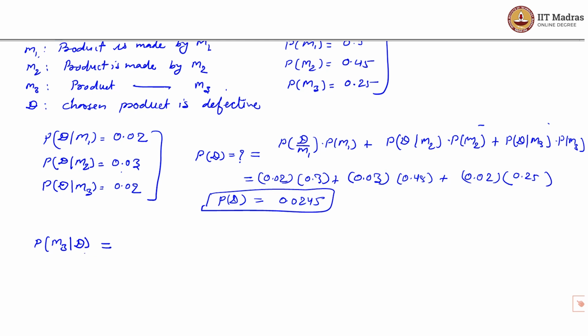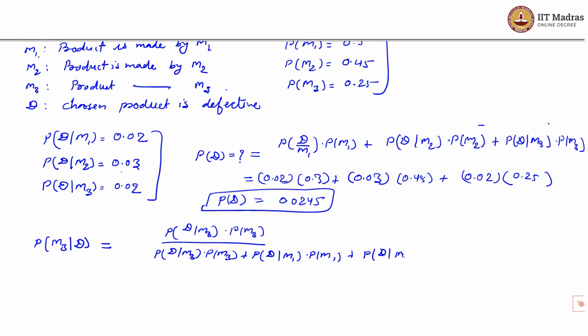Now by Bayes' rule, I know that this probability I can write as P of D given M3 into P of M3, divided by P of D given M3 into P of M3 plus P of D given M1 into P of M1 plus P of D given M2 into P of M2. And this value I have already calculated as P of D, which is 0.0245.